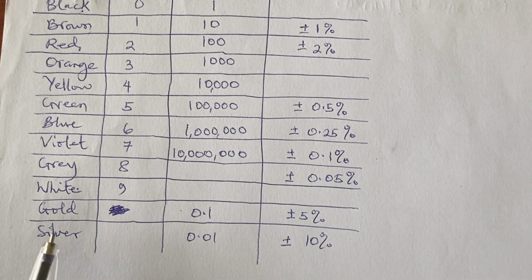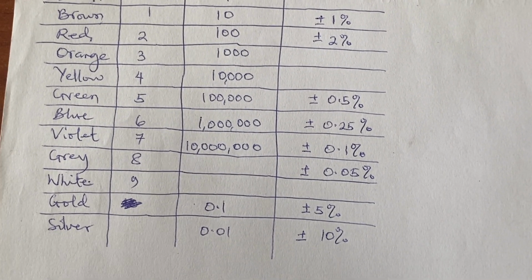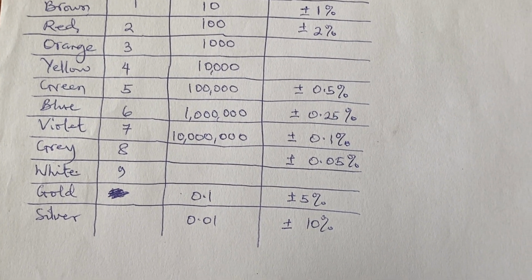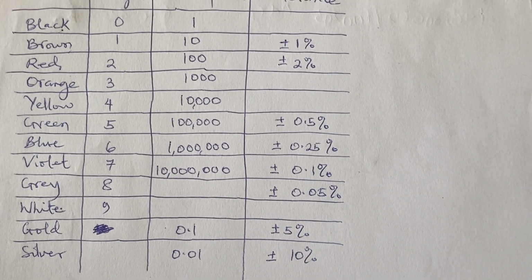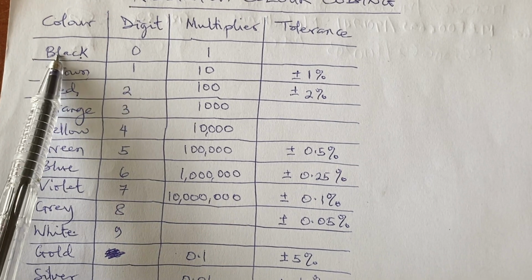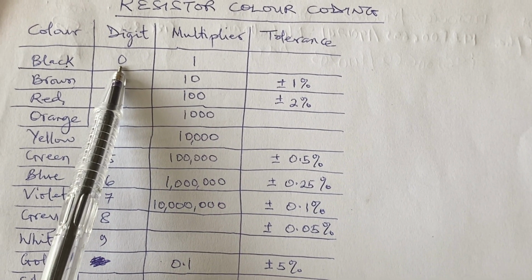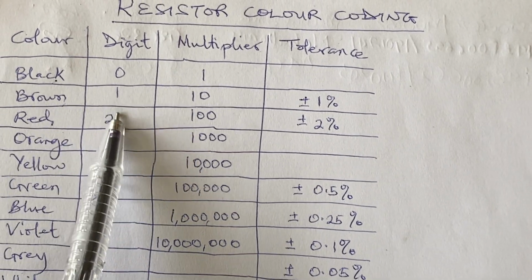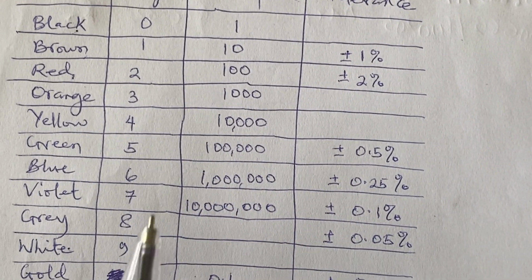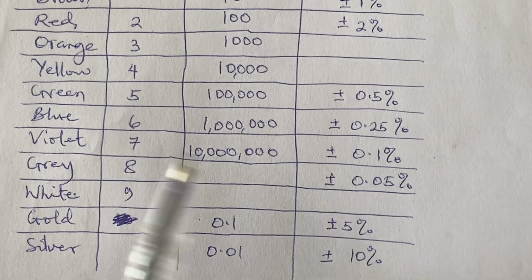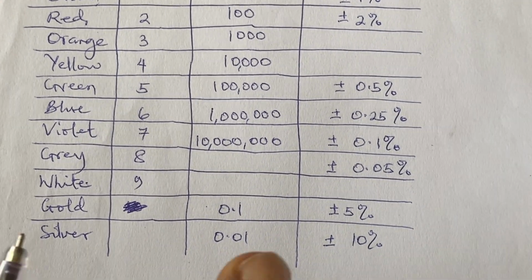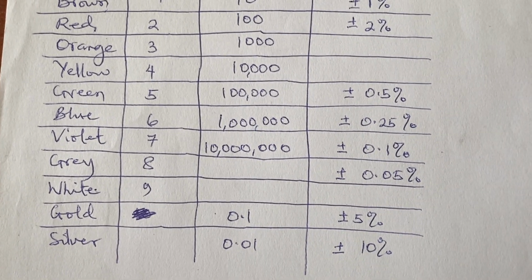Then there are the secondary colors as well. We'll be talking about that later in this teaching. Now the black is 0, the brown is 1, and so on and so forth. So you can know this without having a book or a chart like this with you.